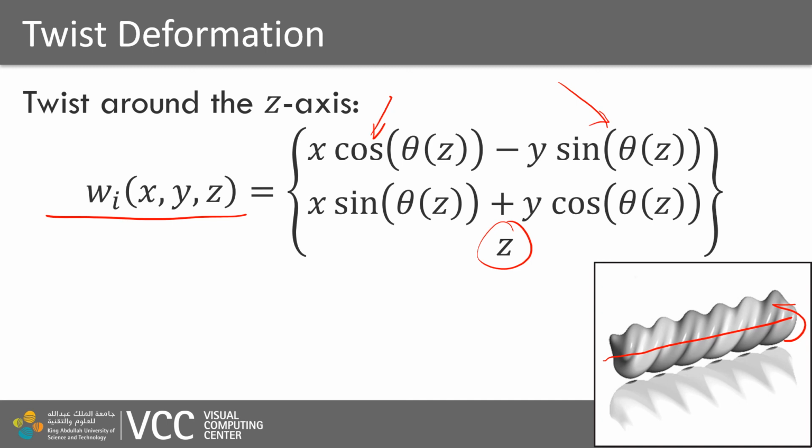The x and y coordinates will both change through some cosine and sine functions of an angle function, which is parameterized by the magnitude of z. So basically, you can put theta of z equal to z, for example, or maybe scale it as z pi or something like that. So this is one deformation function which we could use.